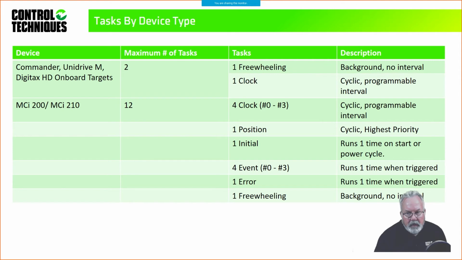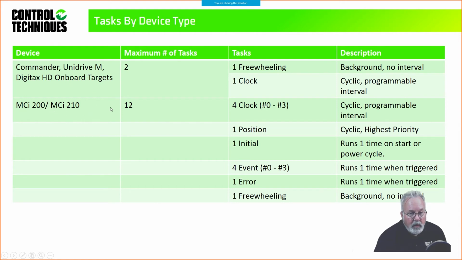In my experience, it's the opposite. And I'll show you a timing diagram here in a little bit. But the reason I say that is a clock task is a cyclic task with a programmable interval, and it acts like an interrupt. So it'll make more sense when I put it on the timeline, which is the next slide. But understand that you're limited to 2 tasks with any of our onboard targets.